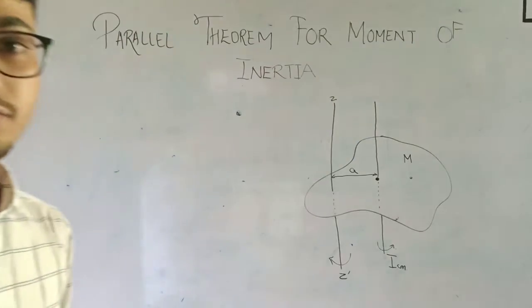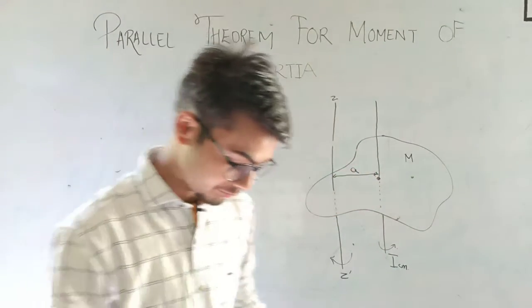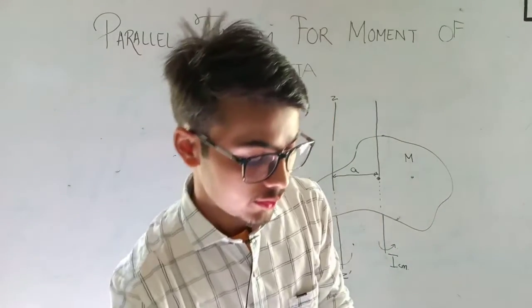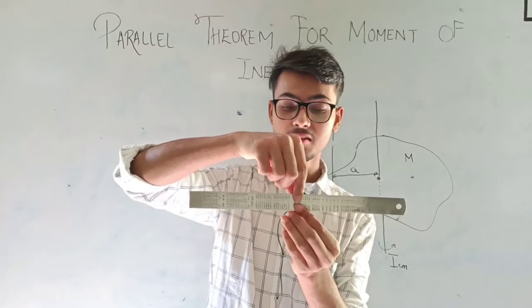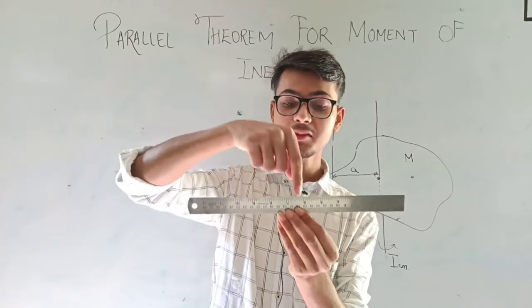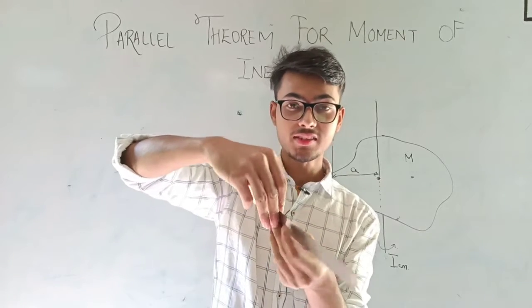Let's find out. There are two axes which are parallel. Suppose this is the body of particles, and here is the mass, and an axis is passing through the center of mass, and we want to rotate it about this other axis.